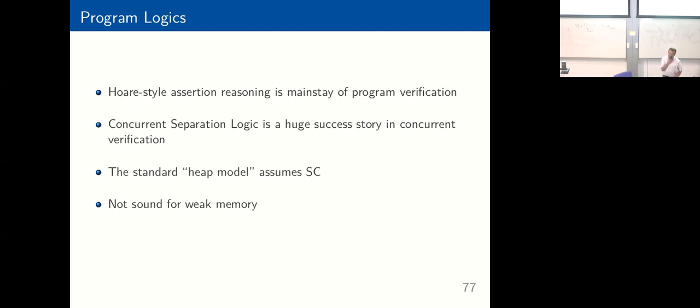And that's not sound for weak memory. So what you can prove under these program logics under sequential consistency does not mean those programs have the same properties when you execute them on modern hardware, or indeed under modern compilers.